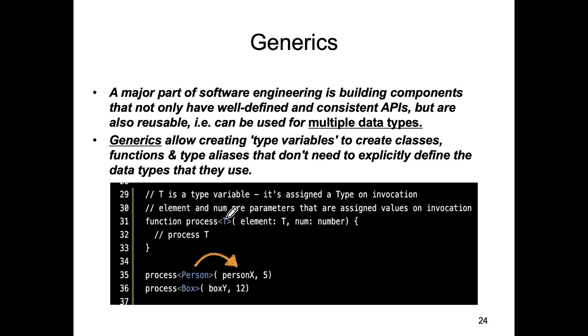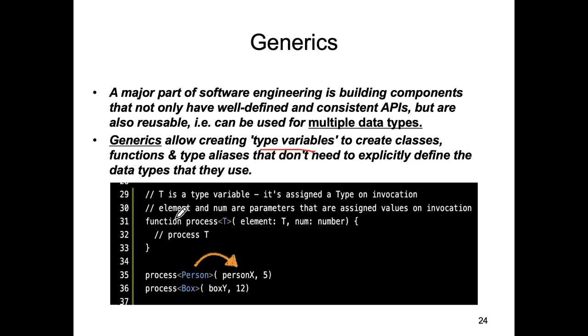And how you interpret it is T here is a type variable, which I'm mentioning up here. It's a variable whose value can be a type. Normally, variables have a value that's representing data, like an actual string, an actual number, 23.